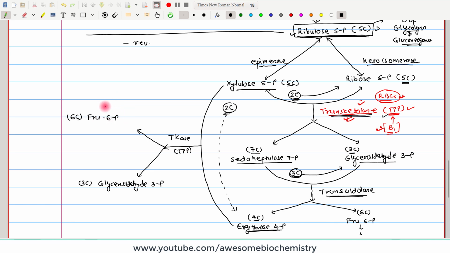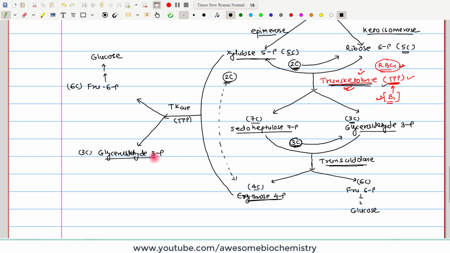And this fructose 6-phosphate can undergo gluconeogenesis to give rise to glucose. What happens to this glyceraldehyde 3-phosphate? See, glyceraldehyde 3-phosphate is a 3 carbon compound, and it can undergo gluconeogenesis to give rise to glucose.